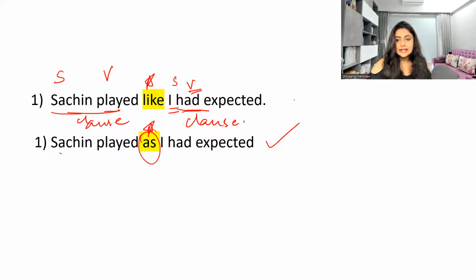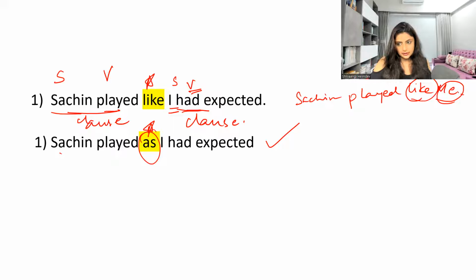Now, had this sentence been Sachin played like me, then this is correct, because here like is a preposition and me is a pronoun, so the sentence has to end here. But if you see, after like and after the pronoun, the sentence is not ending.